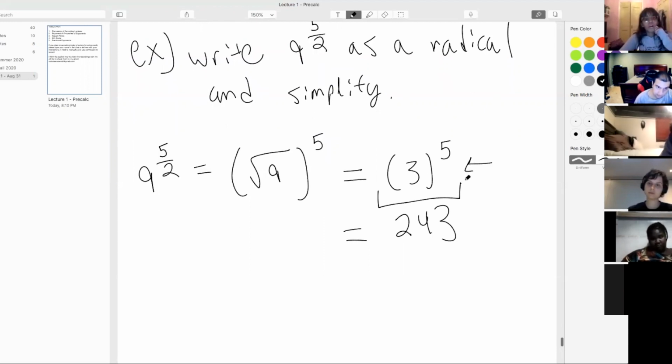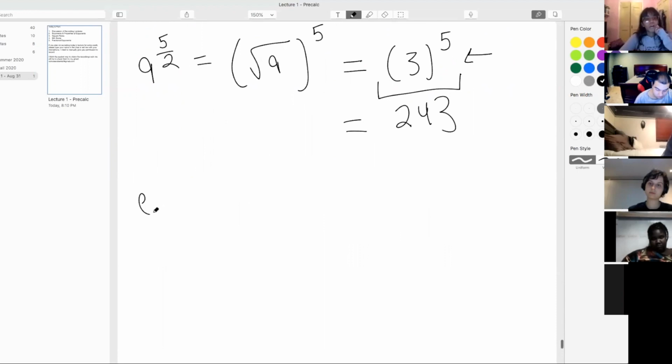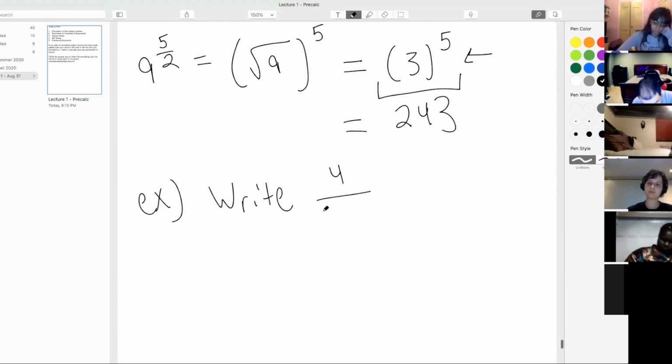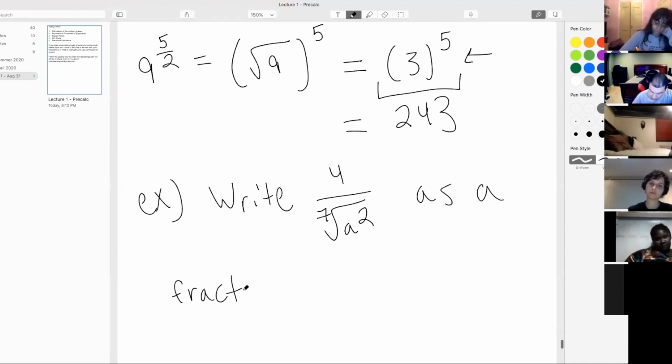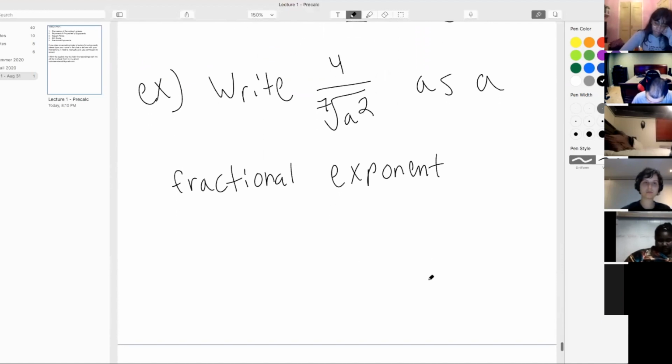Good. And our final example for the night: write 4 over the 7th root of a squared, that crazy looking expression, as a fractional exponent. We're going to go in reverse now, rewriting something into a fractional exponent.